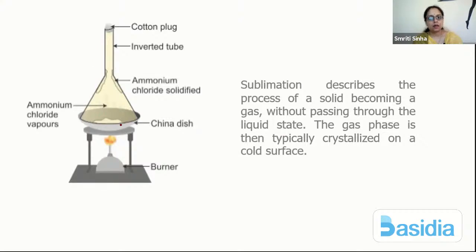Sublimation is a technique which is generally used to purify solid compounds. The compounds which are sublimatory are the solid compounds which get converted into gas without passing through the liquid state. A few solid compounds like naphthalene, anthracene, benzoic acid and camphor directly pass to the gas state without going through the liquid state.